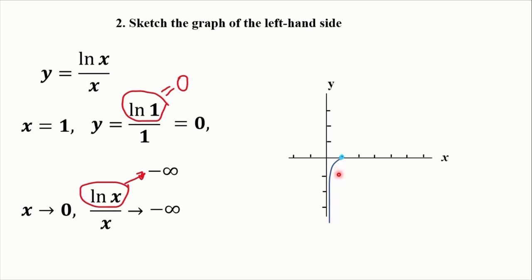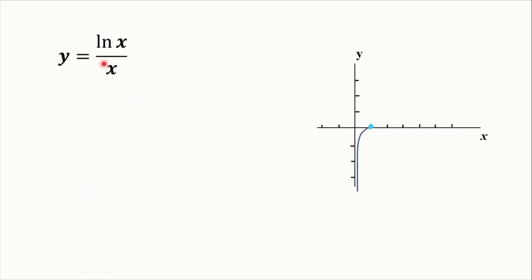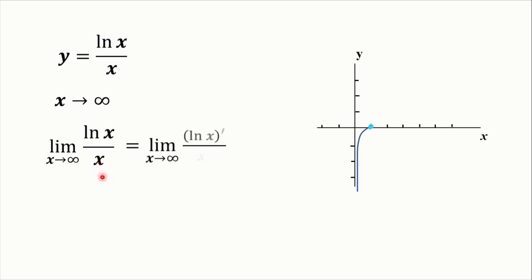As a next step, we analyze the behavior of our function at large x. To do this, we take x approaching infinity. We have this limit here. Both numerator and denominator approach infinity, and we can apply L'Hopital's rule to this limit. So we replace this limit with a limit of derivatives of numerator and denominator.